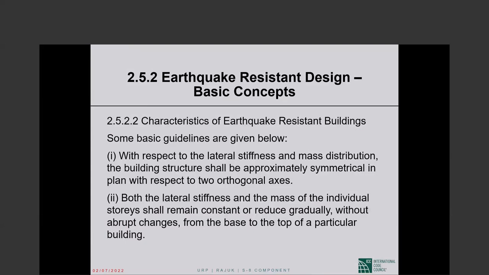Both the lateral stiffness and the mass of the individual stories shall remain constant or reduce gradually without abrupt changes from the base to the top of a particular building.